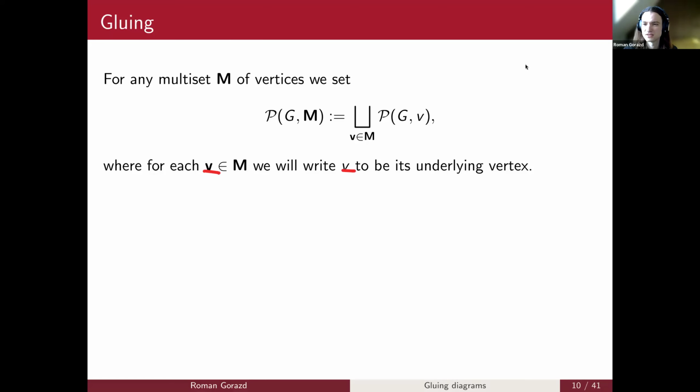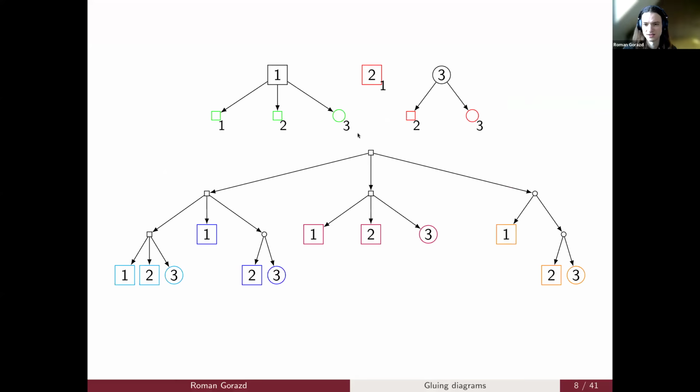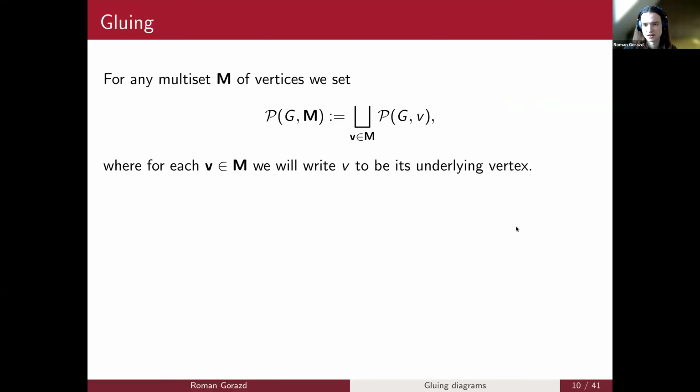So for example, if this multiset M would be circle, square, square, right? We would have here 1 copy of this tree rooted at the circle, and 2 copies of this tree rooted at the square, right? This is a disjoint union.